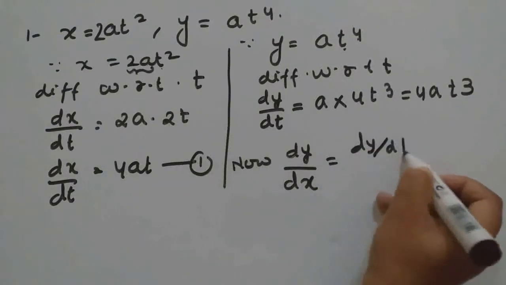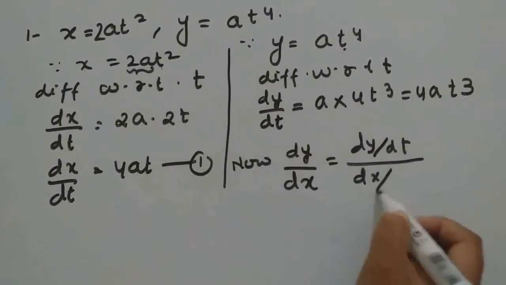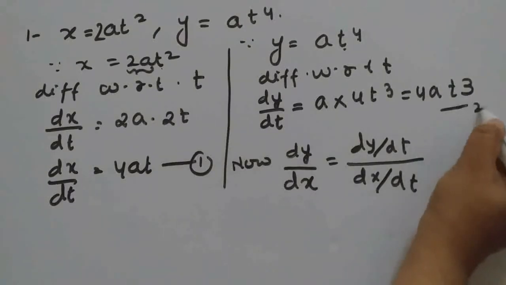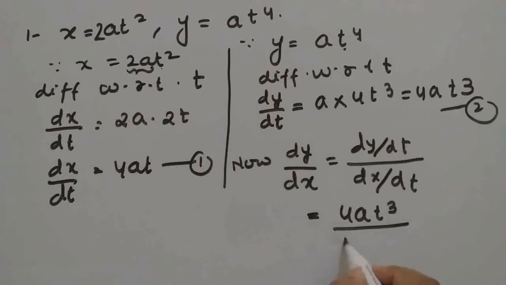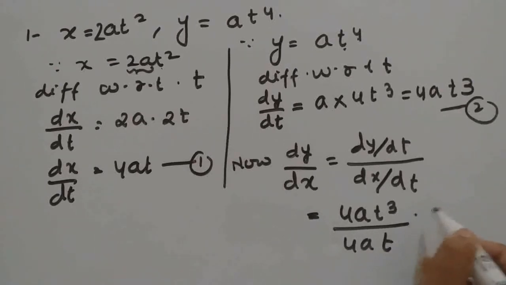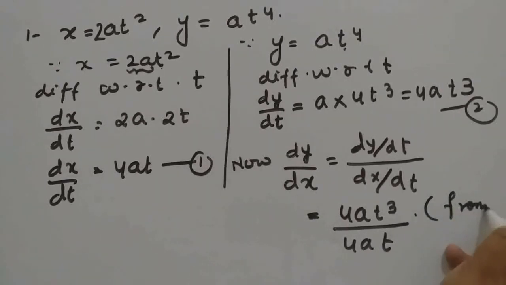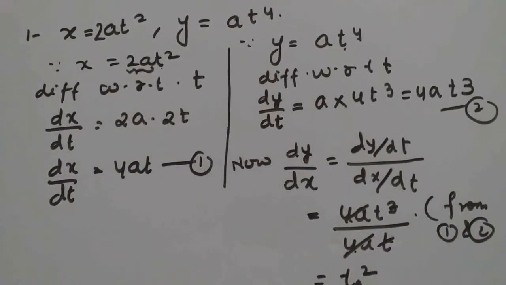Dy by dt divided by dx by dt. So from 1 and 2 we will substitute the values, 4at cube over 4at. So 4a will go and one t will go. So the answer is t square. So dy by dx is t square.